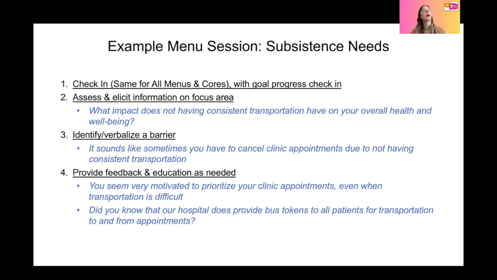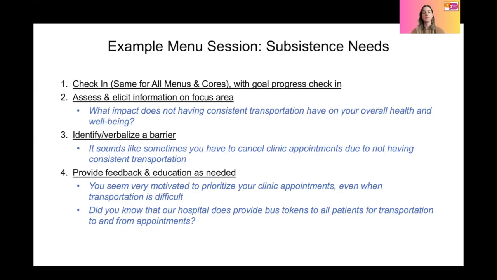Then you're going to want to assess and check in and get information on a focus area. So you're going to check in on what impact, for example, not having consistent transportation has on your overall health and well-being? You're really trying to get a specific area that you'd want to focus on, and then a barrier within that area.